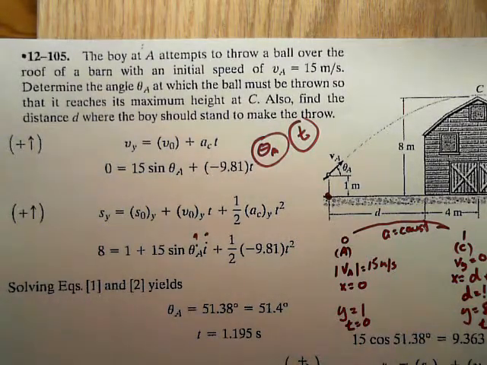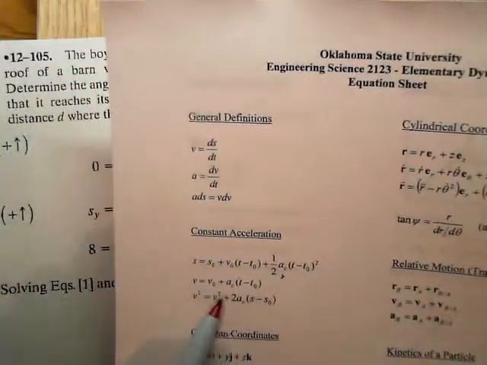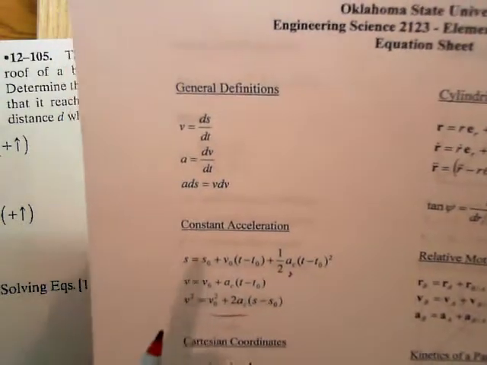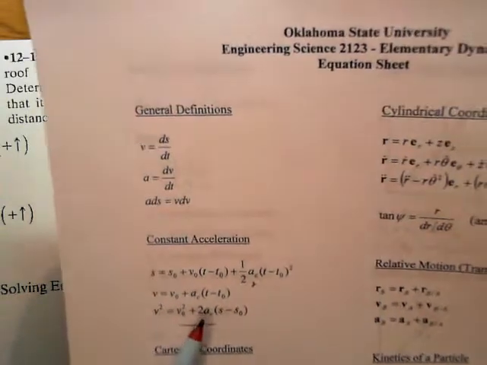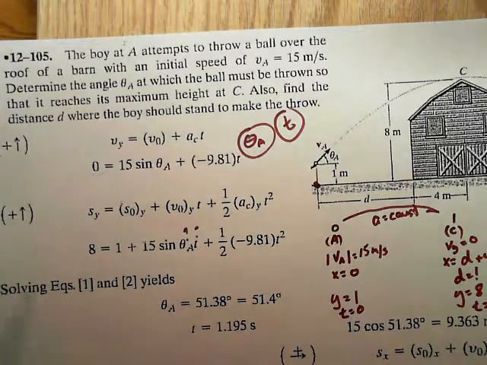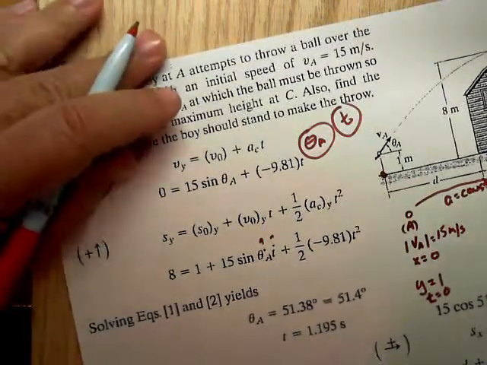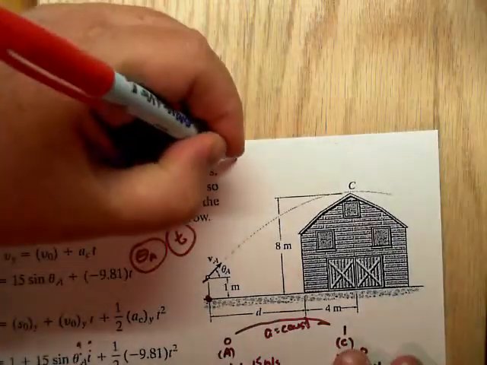Now, if we had used in this section the v dv equal a ds form of the constant acceleration equation, we would have said v final squared in the y equals v initial squared plus 2 times acceleration times a change in height quantity. If we had written that, what we would have said was, let's see, I'm going to write it right here.